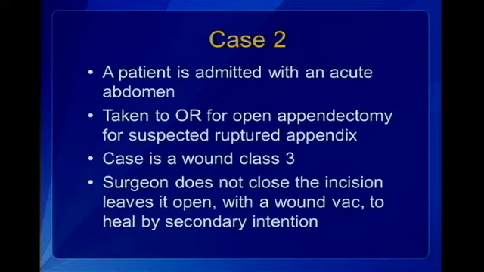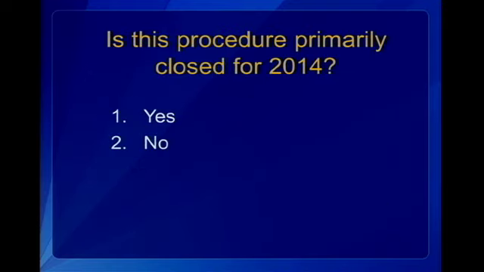So this is the next one. A patient is admitted with an acute abdomen. They're taken to the OR for an appendectomy for a suspected ruptured appendix. Wound class is 3. The surgeon does not close the incision, leaves it open with a wound vac to heal by secondary intention. Is this procedure primarily closed for 2014?